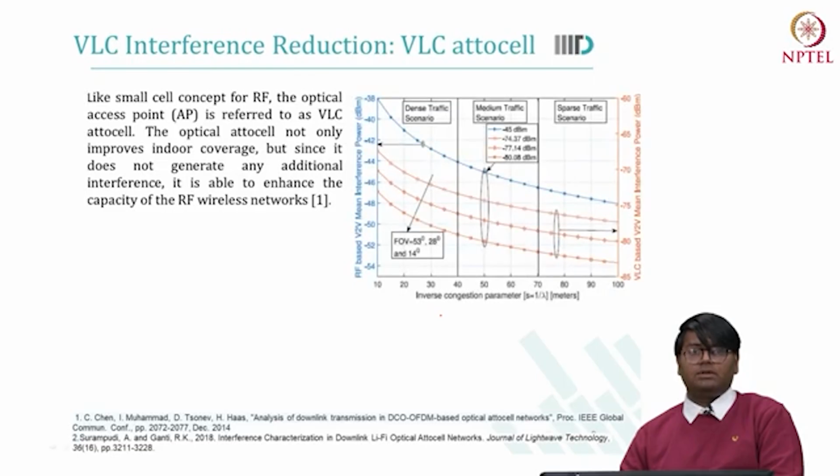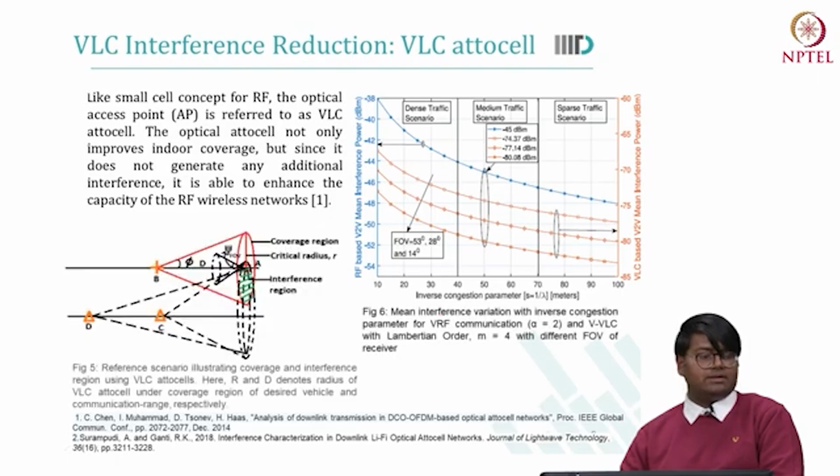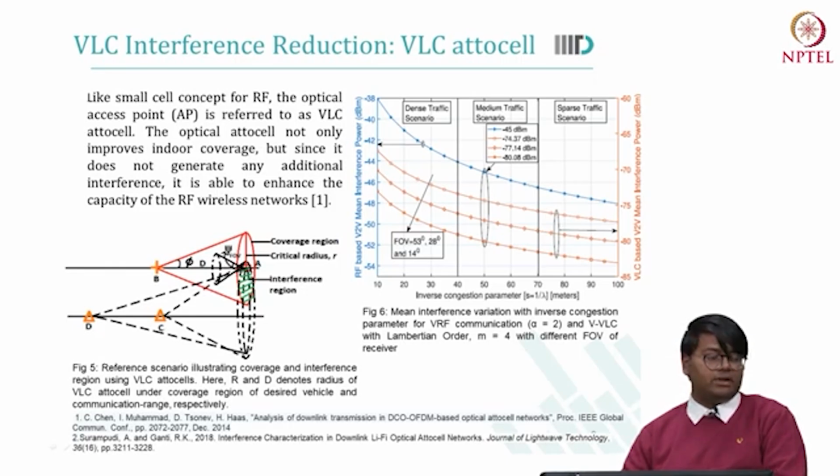Depending upon the simulation parameter settings, now we see the simulation results for average optical interference and the effect of reducing the FOV on average interference power in case of vehicular VLC.